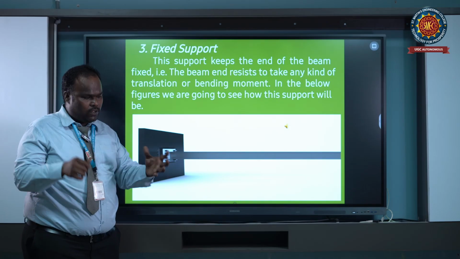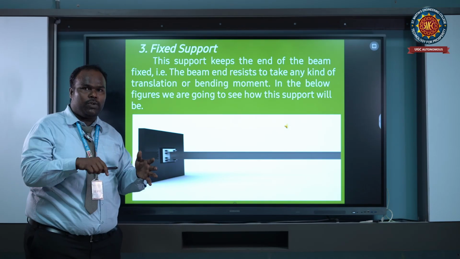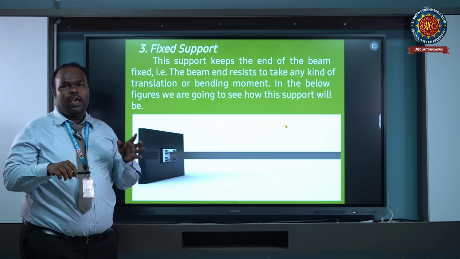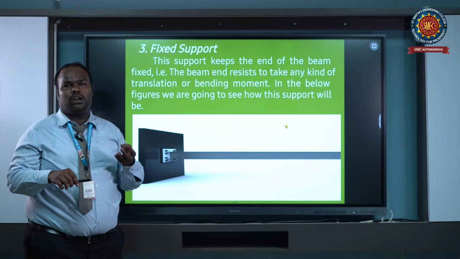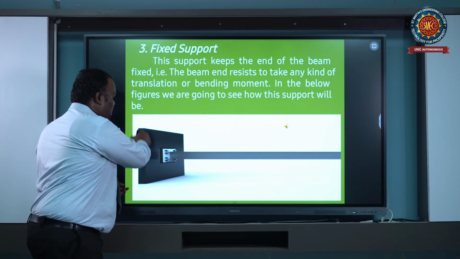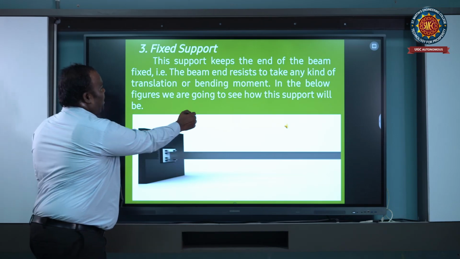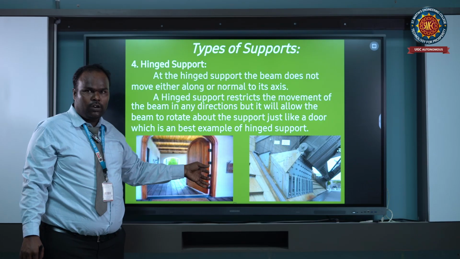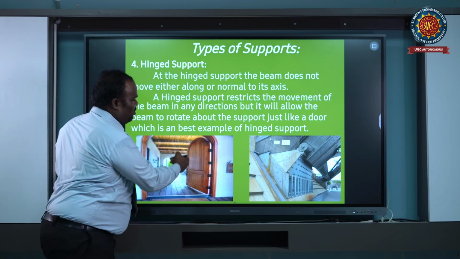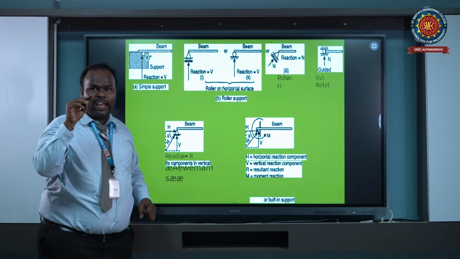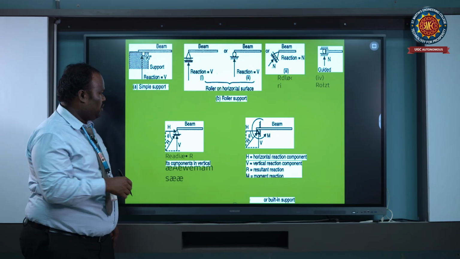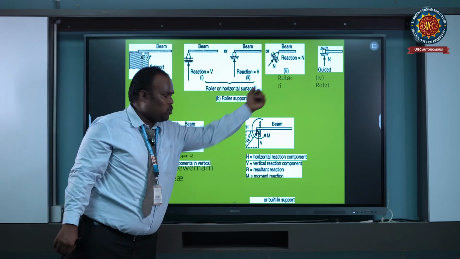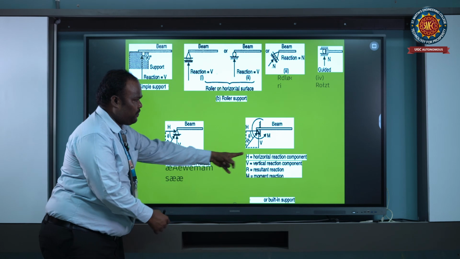Once the support is fixed at either the starting or ending of the beam, it has horizontal reaction, vertical reaction, and moment reaction at the support. And next one, hinge support. It is like a door hinge. It has only an inclined reaction or vertical reaction, like this. These are the simple support, roller support, hinge support, and fixed support.